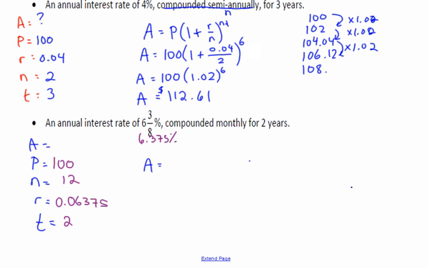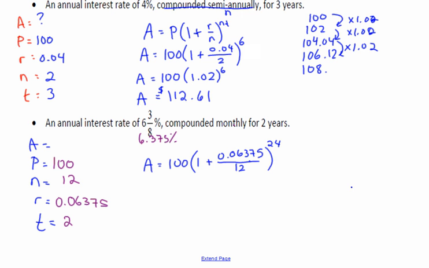A equals 100 times 1 plus, what are we going to divide? Our yearly interest rate divided by 12, because we want to find out the interest per month, to the power of 24, 2 times 12, because there are 24 compound periods.